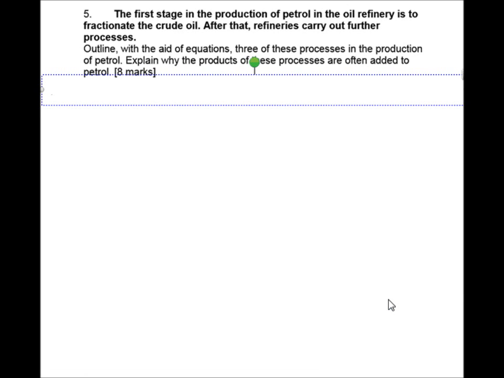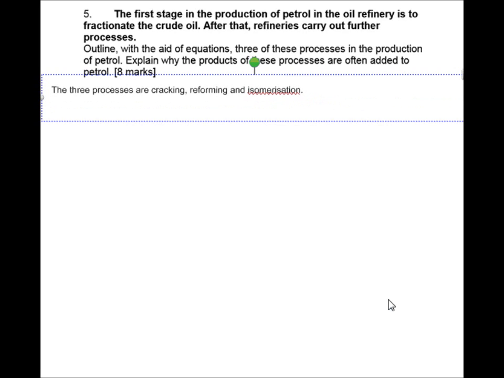The first mark comes from simply identifying what these 3 processes are, which are cracking, reforming and isomerization. So that will get you 1 mark. You then get a mark each for giving a definition or a bit of a summary about what each of these processes does.